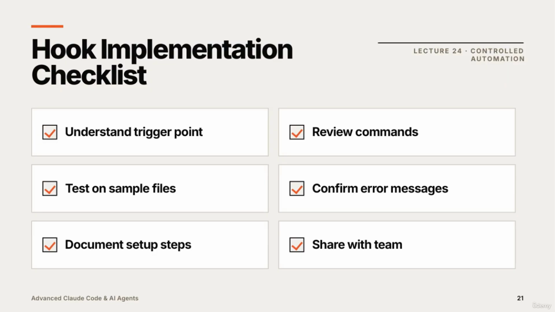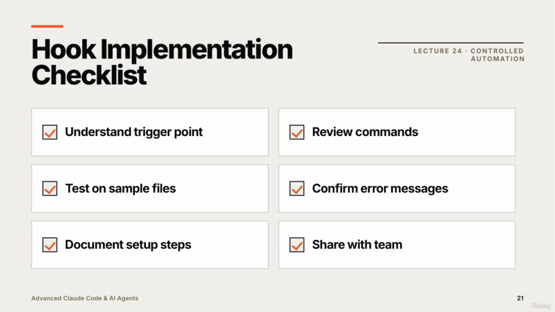On this slide, we have a hook implementation checklist designed to guide us through controlled automation. The first key step is to understand the trigger point. Knowing exactly when and how the automation should start is crucial for smooth operation. Next, we review the commands to ensure they are correctly defined and will perform as expected. Testing on sample files comes after that, which helps us verify that the automation behaves properly before full deployment.